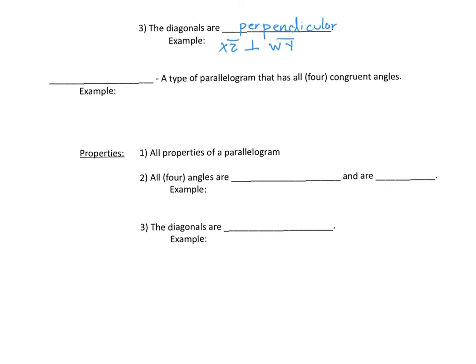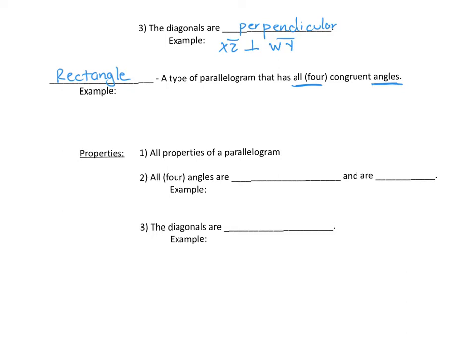The next type of quadrilateral is a rectangle. A rectangle is a type of parallelogram, and all 4 angles are congruent.